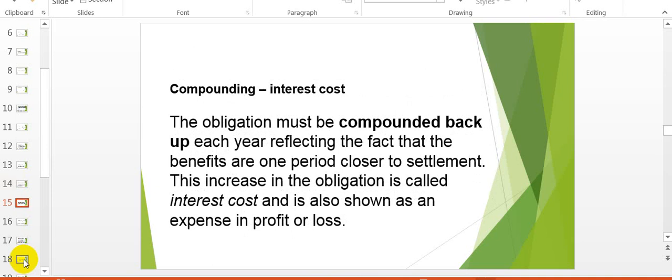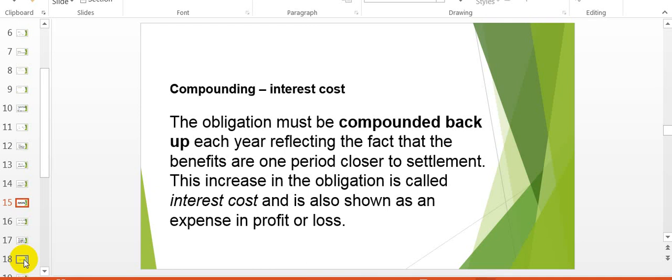Now, these benefits to the employees are not paid until sometime in the future, so these benefits will earn interest, and this interest is compounded each year, reflecting the fact that the benefits are one year closer to settlement. The interest cost rate will be given to you.